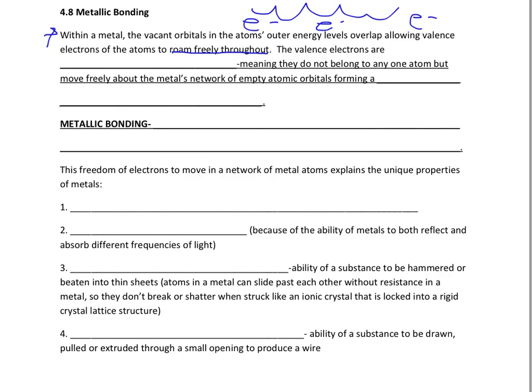The valence electrons are delocalized, meaning that they do not belong to any one atom, but move freely about the metal's network of empty atomic orbitals, forming a sea of electrons. They are delocalized. If you can remember that, that will help point you to all of the other characteristics of metallic bonds.